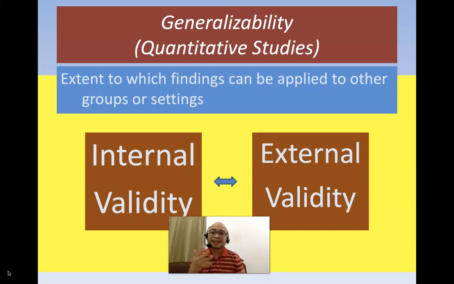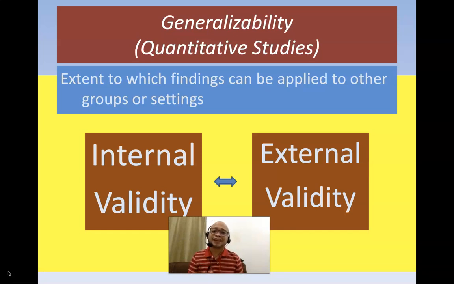So, when we say internal validity as a researcher, we are sure that variable A, the effect of variable A is indeed caused by variable B, and you are really sure of that particular causal relationship.